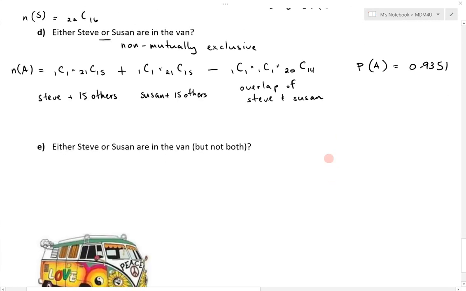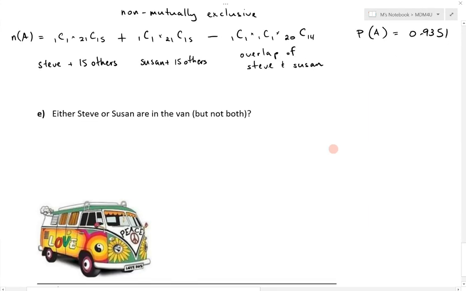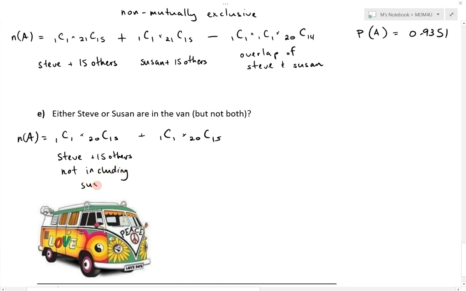In part E, either Steve or Susan are in the van, but not both. So n of A equals 1 choose 1 times 20 choose 15 plus 1 choose 1 times 20 choose 15 again. So I'm adding the possibility that it's Steve plus 15 others, not including Susan. So instead of 21 it's 20.